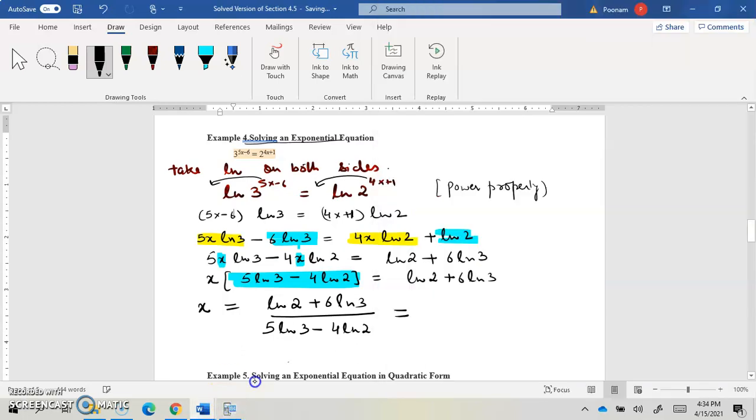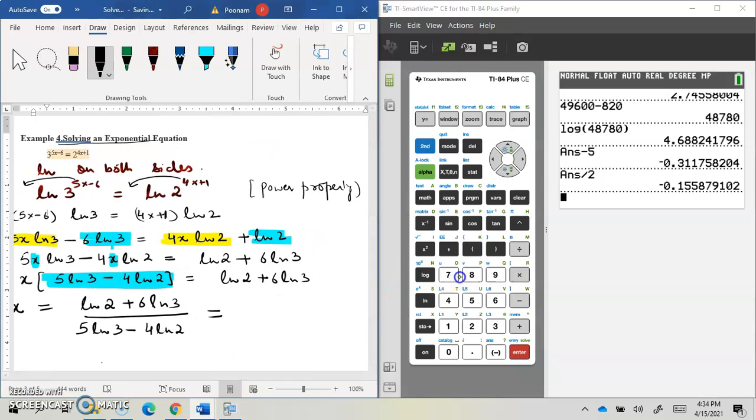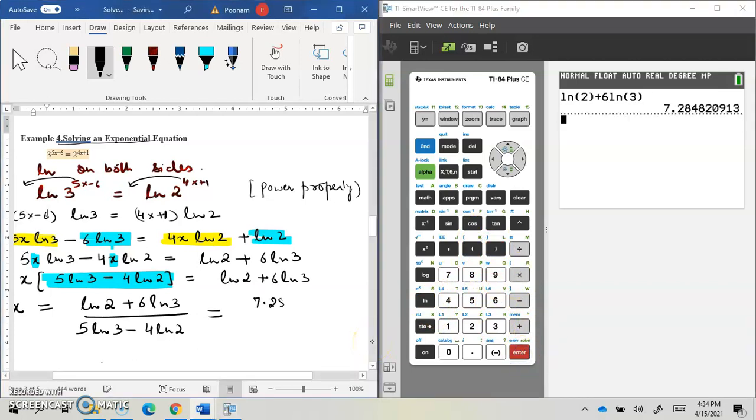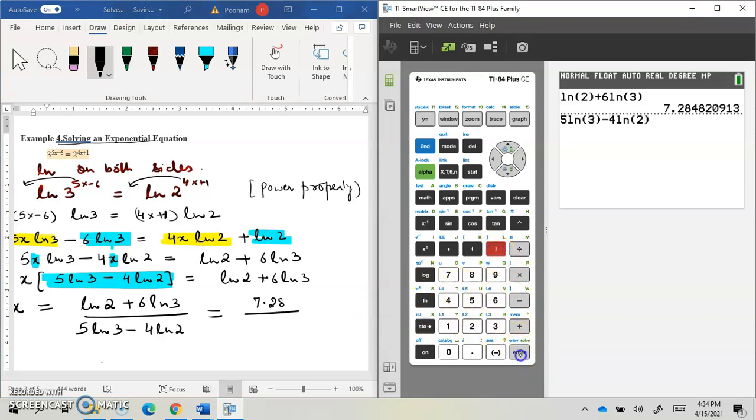Let's try to calculate it using a calculator. The first expression we have is natural log of 2 plus 6 natural log of 3. That is 7.28 approximately. In the denominator we have 5 natural log of 3 minus 4 natural log of 2.